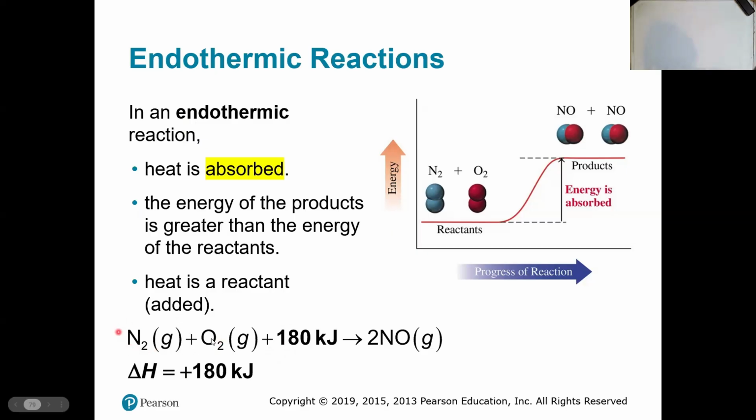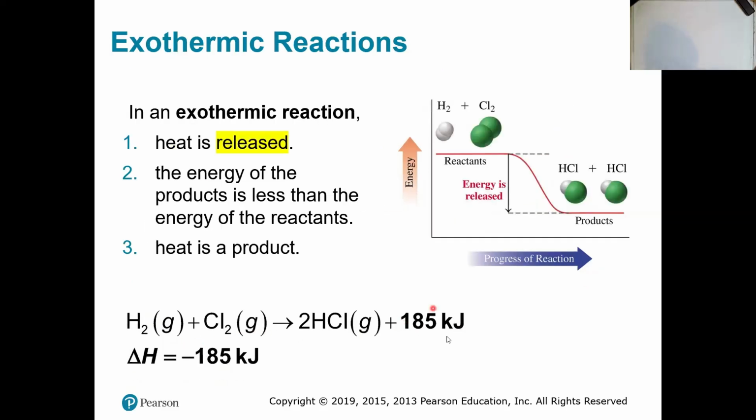So when heat's entering your reaction at the beginning, it's endothermic. The delta H for endothermic reactions is always going to be a positive number because your reaction is gaining this heat, right? So whenever heat's added, it's going to be positive. Whenever heat is lost, your delta H will be negative.